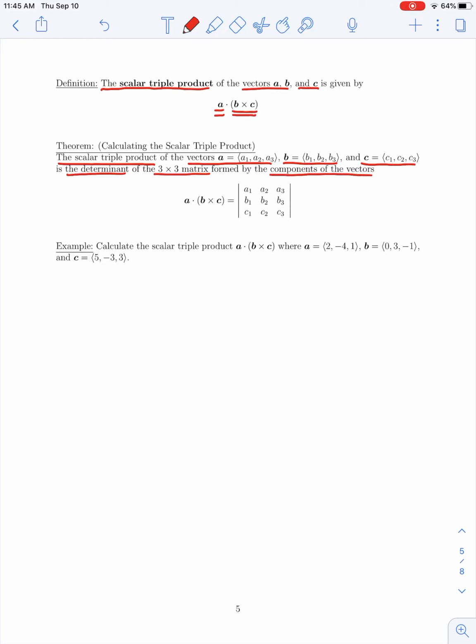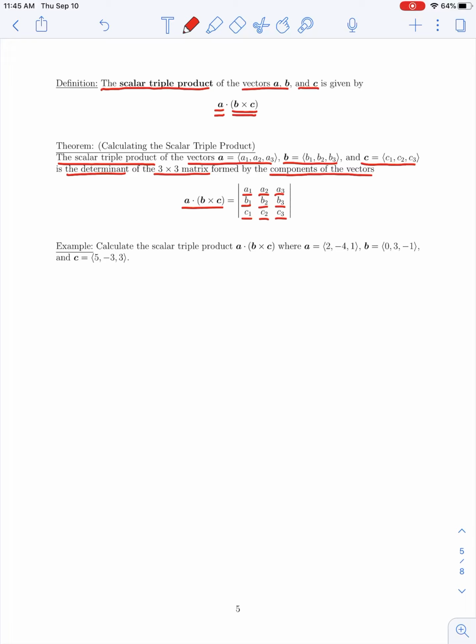So that is, our scalar triple product of A, B, and C is given by the determinant of the 3x3 matrix whose first row consists of the components of our vector A. The second row consists of the components of the vector B, and our third row consists of the components of C. So taking the determinant of that 3x3 matrix will give us this scalar triple product.